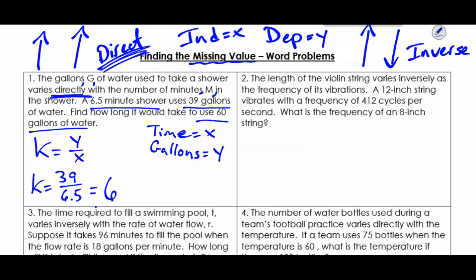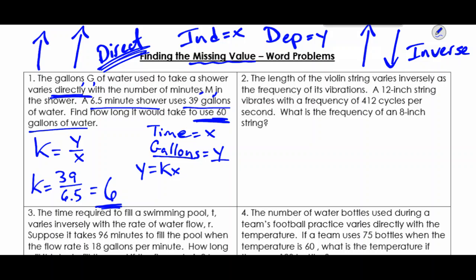And that means that I can use this in my variation equation, along with the given value, 60 gallons. 60 is the number of gallons, so that has to be my y. Make sure that you're consistent throughout the problem.